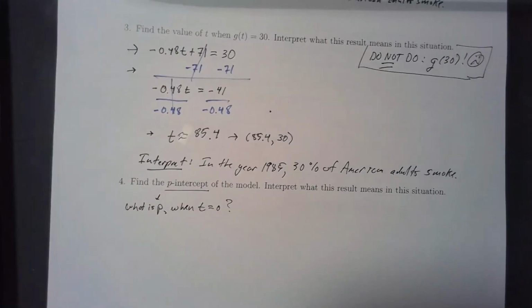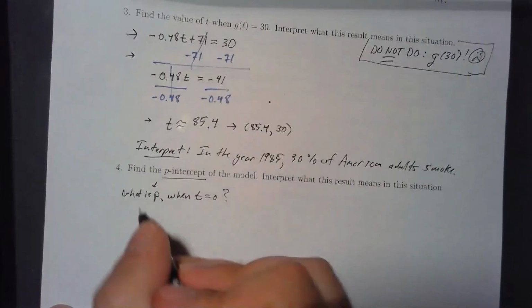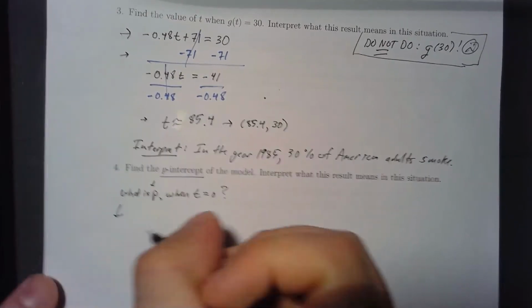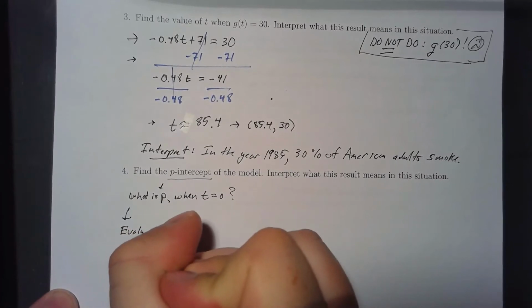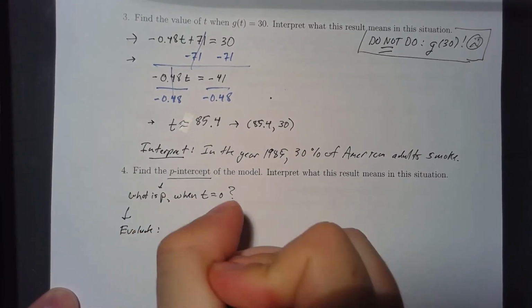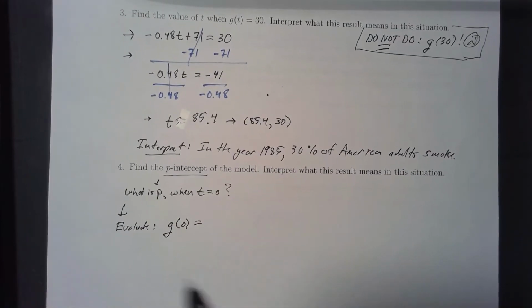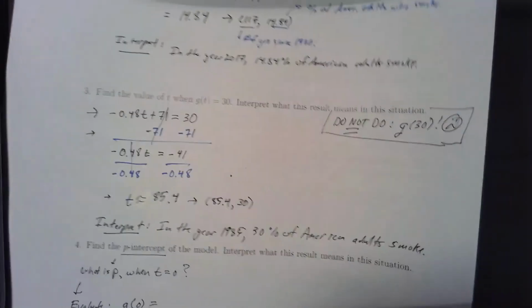That's easy. Well, t equal to 0 means that's my input, isn't it? So I'm just evaluating my function at 0 because t is my input.